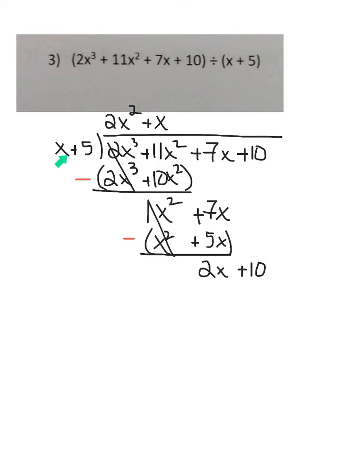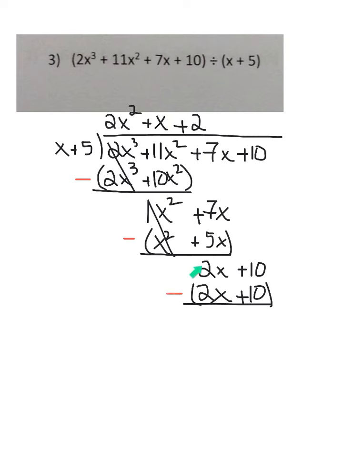So what am I multiplying x by to get to 2x? So just by 2, right? So plus 2. 2 times x would be 2x. And then 2 times 5 would give me 10. And then we take these and we subtract them.